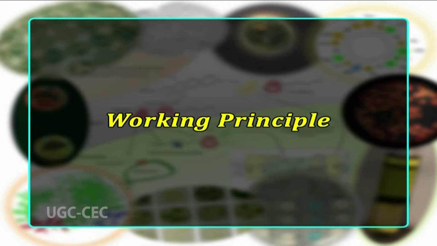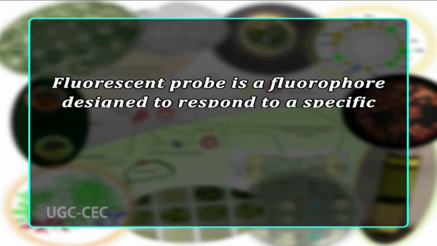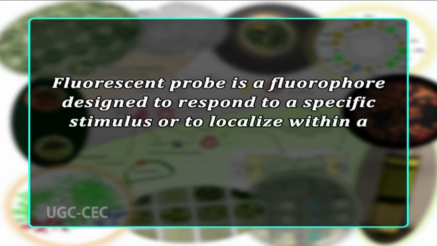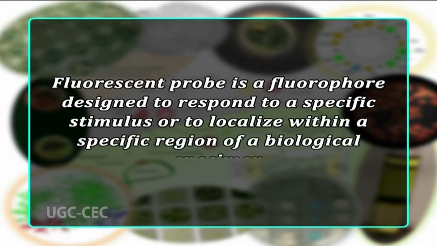Now coming to its working principle. A fluorescent probe is a fluorophore designed to respond to specific stimulus or to localize within a specific region of a biological specimen. The process responsible for the fluorescence of fluorescent probes and other fluorophores is illustrated by the simple electronic state diagram as described in 3 steps.